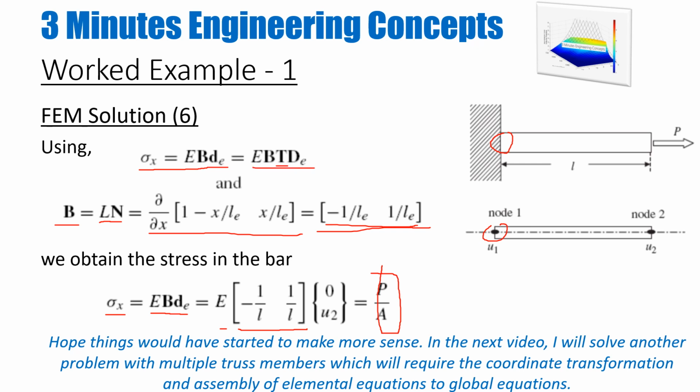If you are working with 2D, then the matrix order will become 2 by 2 or 3 by 3 depending on how many dimensions, nodes, etc. you will have in your case. In the next video I will try to solve another problem with multiple truss elements, which will require coordinate transformation, and also assembly because we will have more elements at different orientations in the truss structure.